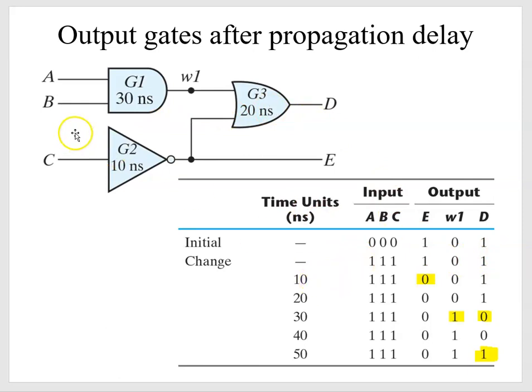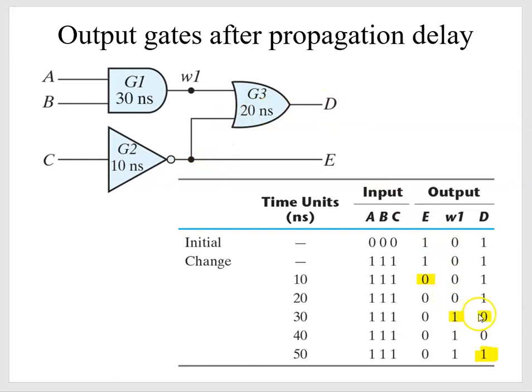After 10 nanoseconds, the output of this inverter changes, so E changes. It's going to take another 20 nanoseconds for that to get through to D, so we get no change at 20 nanoseconds. At 30 nanoseconds, now our C prime is going to get through to D.